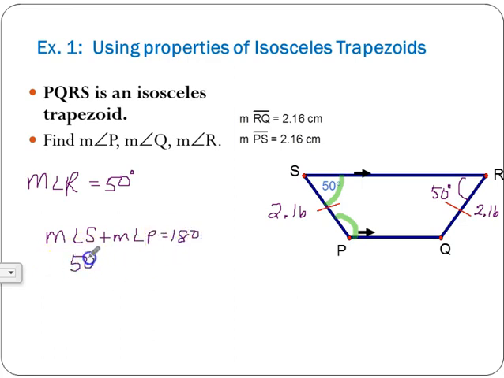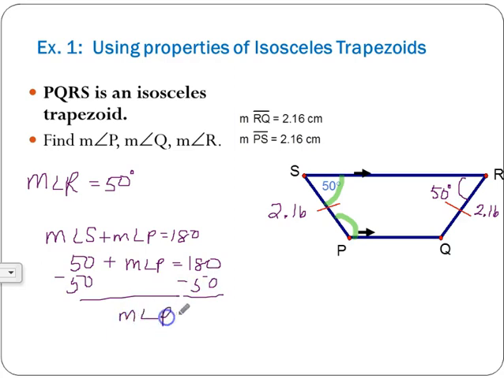We know angle S is 50 degrees, that was given to us, and this is our unknown that we're going to solve for. So we subtract 50 from both sides, and that gives us the measurement of angle P, which would be 130. So this angle right here is 130 degrees.